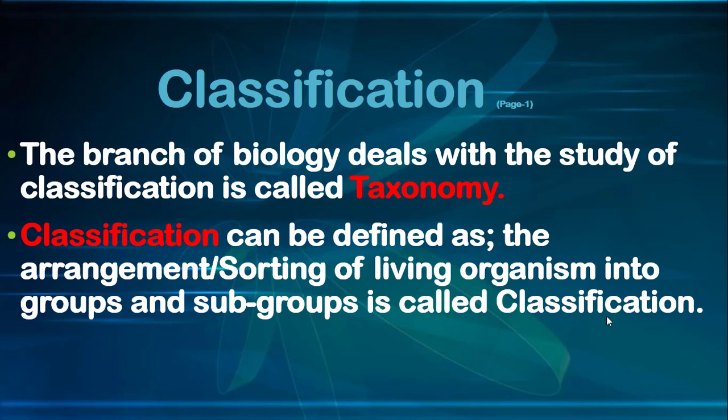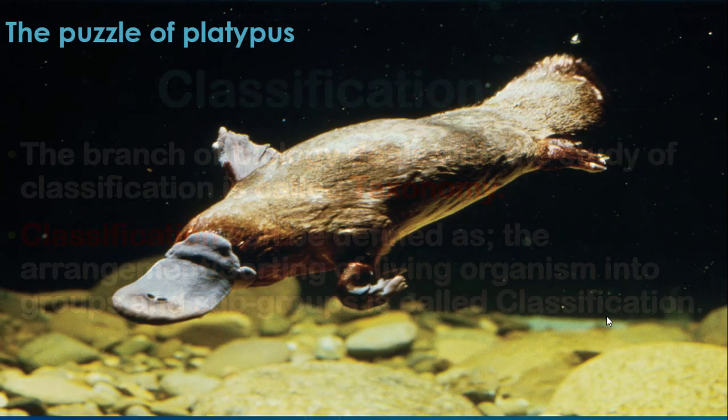In this chapter, you will learn how living organisms, whether they are plants, animals, fungi, bacteria, or viruses, whatever type they belong to, are classified into groups and subgroups.